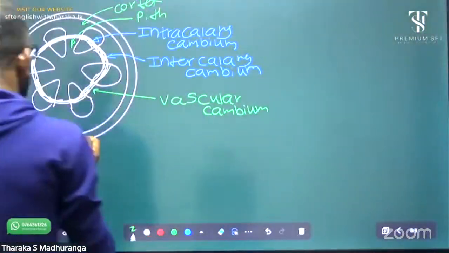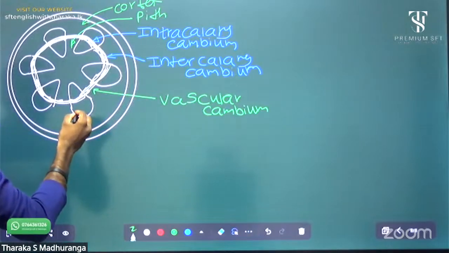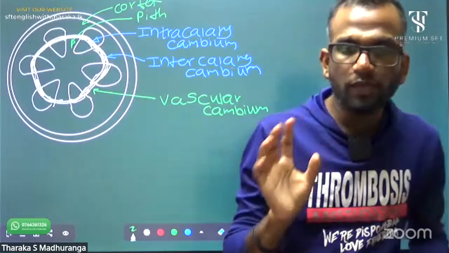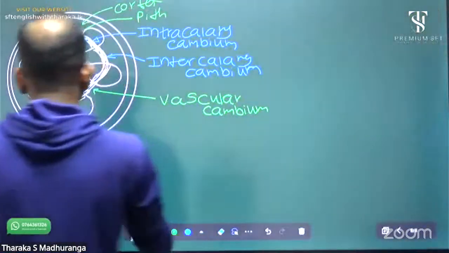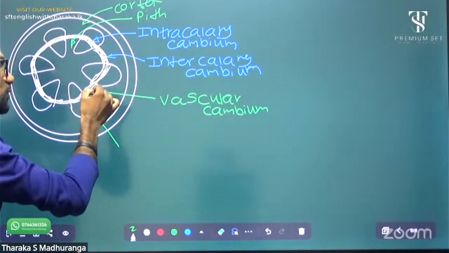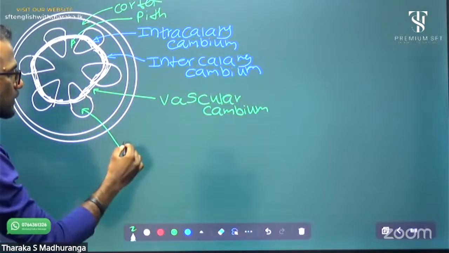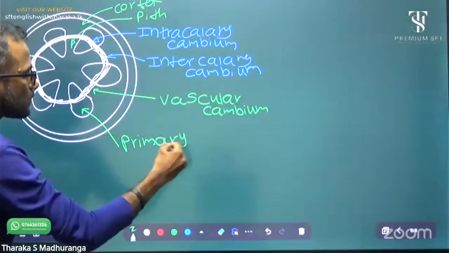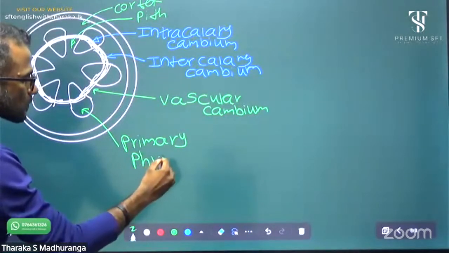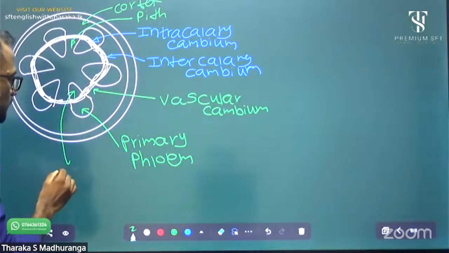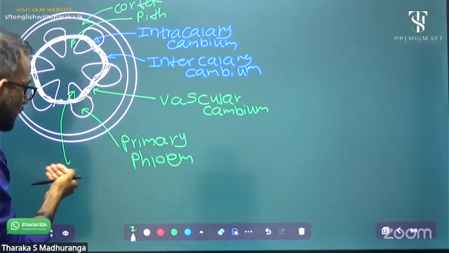And now when this vascular cambium is developed, the outside one of the vascular bundle is primary phloem. Sorry, the inner one is primary xylem.